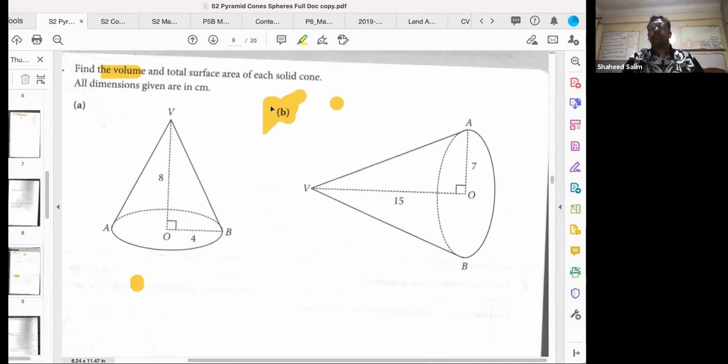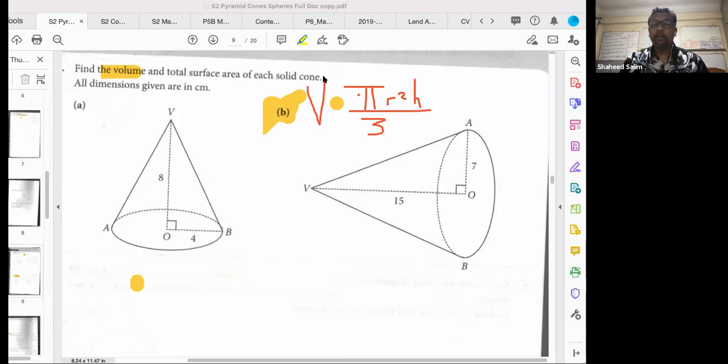So Ryan, the formula is one third area times height. Area is pi r squared. So you can put pi as 22/7, times r squared times the height, divided by 3. This is your formula for volume. Put in all the values.